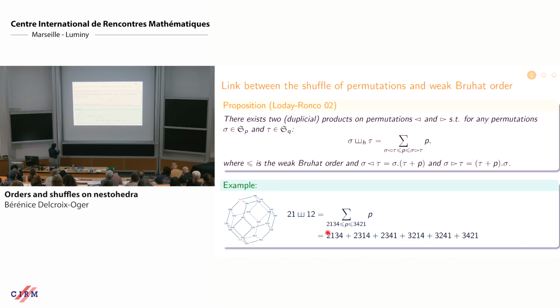So it's a bit small. I hope you can still see something. So here is 3, 4, 2, 1. Here is 2, 1, 3, 4. And the interval is this diamond shape with these little edges. So we get 6 elements for this relation.